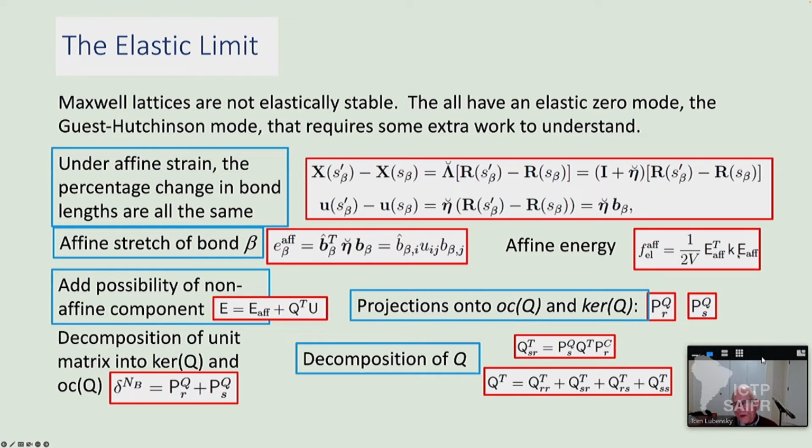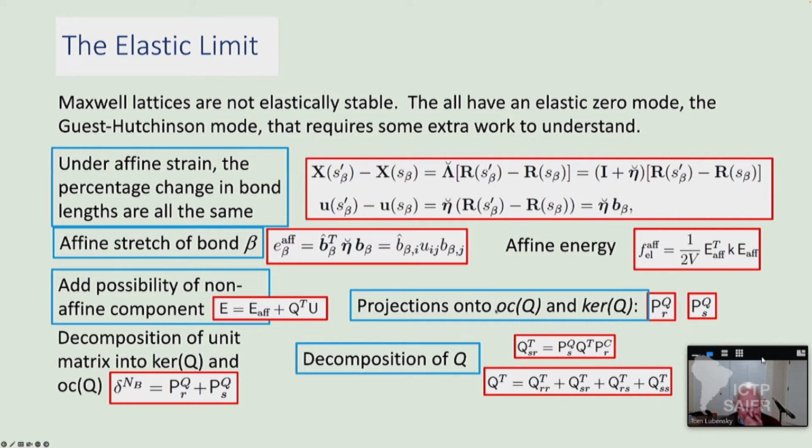And then we end up with an energy where we've taken into account those extra sites, and we get the full elastic energy, which comes from a macroscopic distortion at the edges and lots of little things going on in the middle. So rather than E affine, we're going to take E equal to E affine plus a part Q transpose u, which remember gives us E before we've had the affine. We fix the E affine and then we allow this to relax so that we minimize the energy of the whole system in the presence of the E affine.